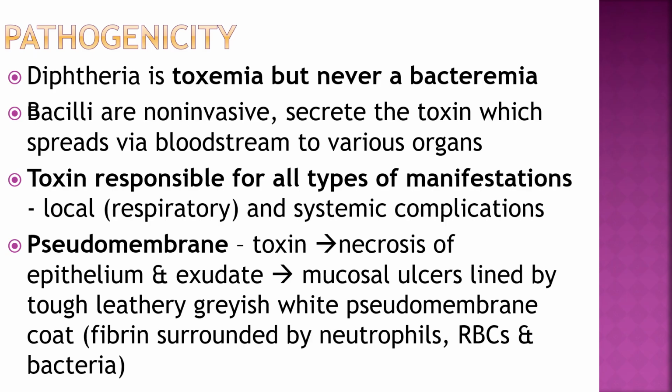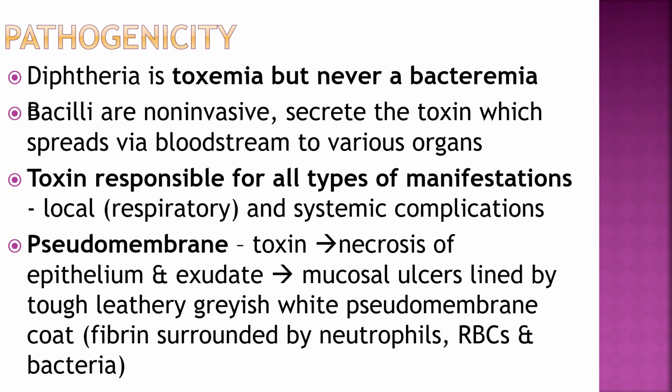The toxin causes necrosis of the epithelium and produces exudate, and then causes ulcers. They are lined by a tough, leathery, greyish white pseudomembrane coat, surrounded by neutrophils, RBCs and bacteria. It is called a pseudomembrane because it is difficult to remove, and removing it causes bleeding.